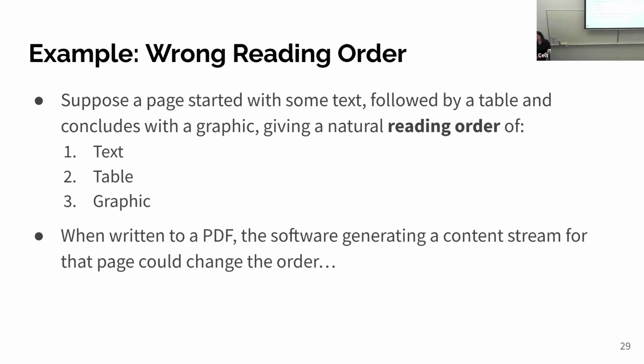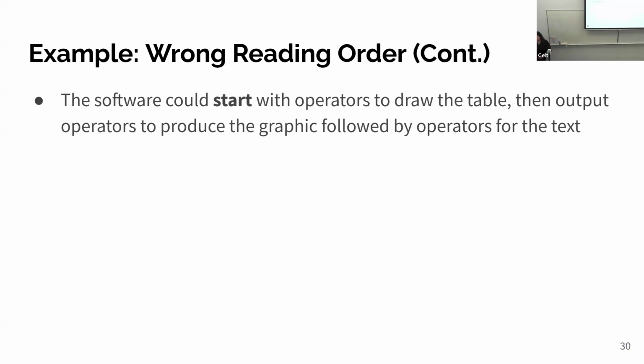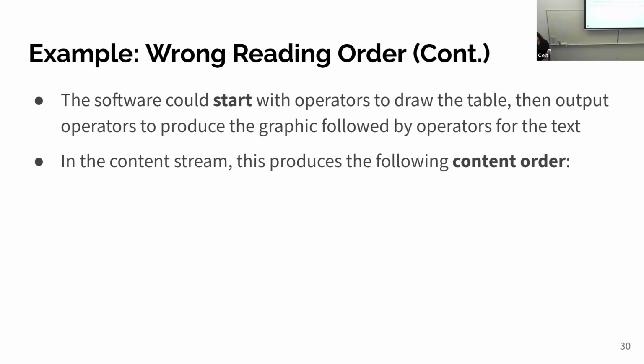But when you write this to a PDF, thinking about all that backend that we talked about, the software generating a content stream for that page could actually change this order. So the software could start with operators to draw the table, then output operators to produce the graphic, followed by operators for the text. In the content stream, this would produce a different content order: it would start with a table, then go to the graphic, and then go to the text.